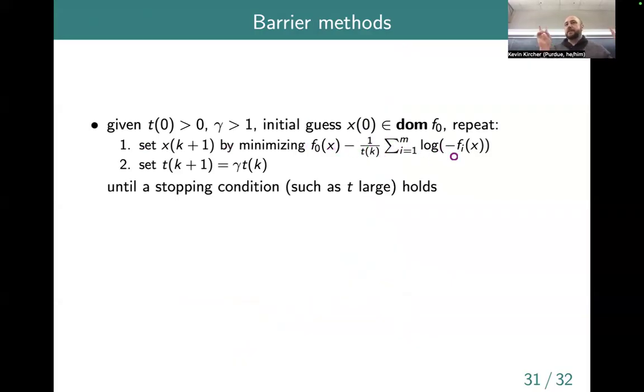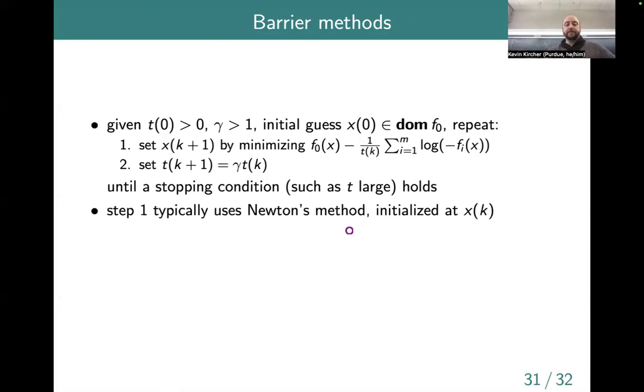So this generates what's called an interior point, a point that's in the inside of the feasible region, meaning all these constraints are satisfied with some slack. So they're not exactly equal to 0, they're well below 0. And then we update the weight in our barrier function. So t gets progressively bigger and bigger, and that means we get better and better approximations to the true constrained optimization problem as we go. And eventually we get close to optimality.